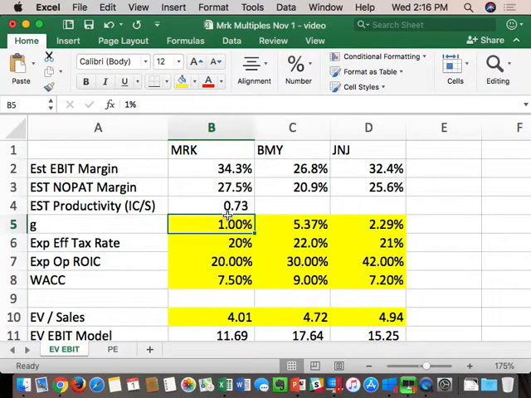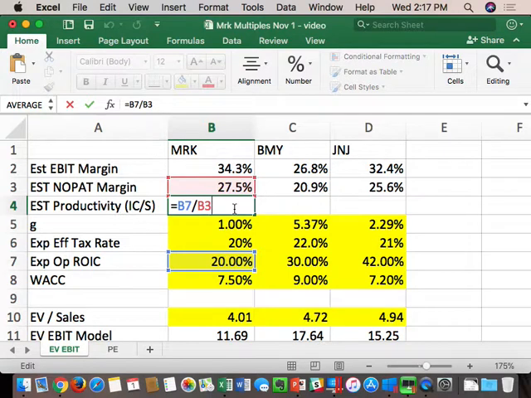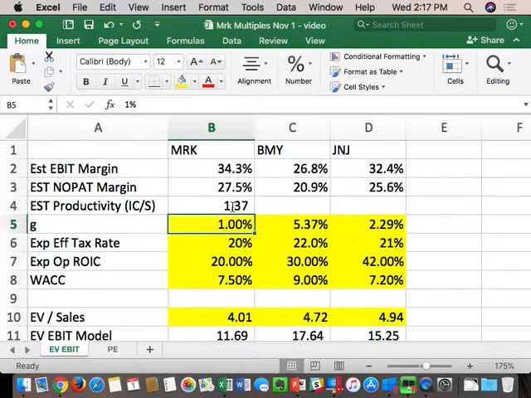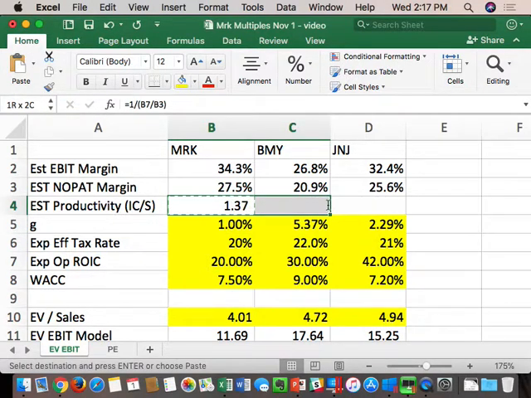And just to match up with our ROIC tree, we did IC over S, which basically means this number tells us for every dollar of invested capital, how much are we selling? And for purposes of the analysis we did before, we said, in order to sell a dollar, how much do we have to invest? So we're just going to take the reciprocal to make this IC over S. So equals 1 divided by the reciprocal. Copy, paste.